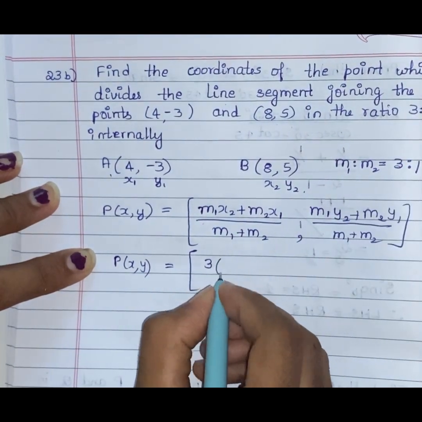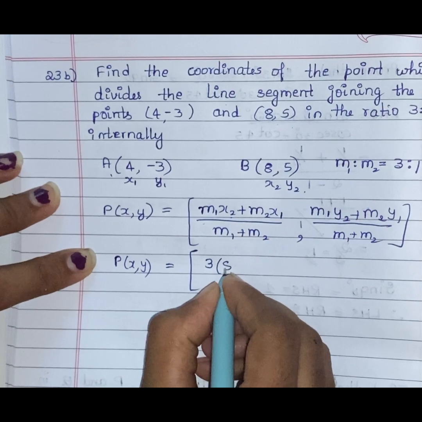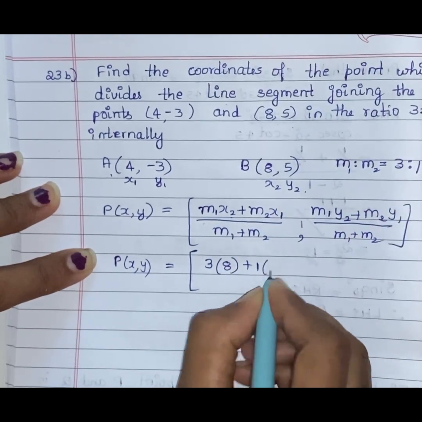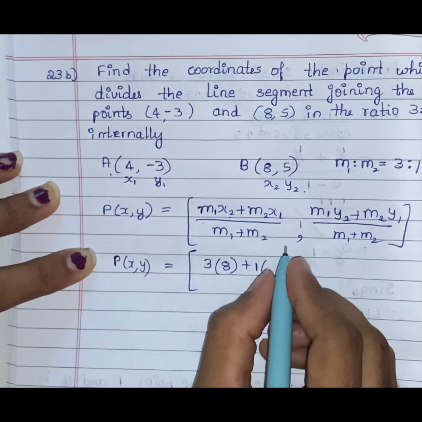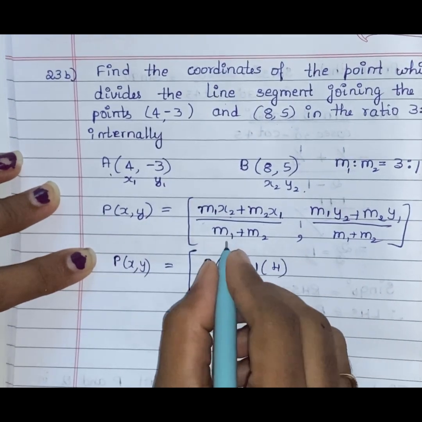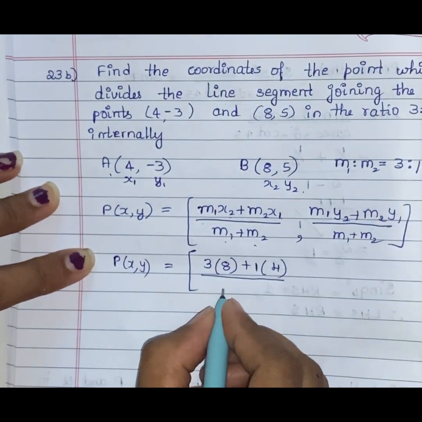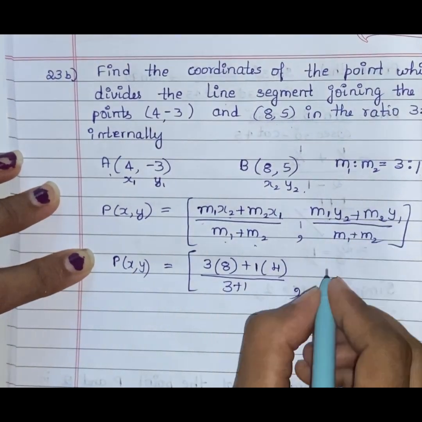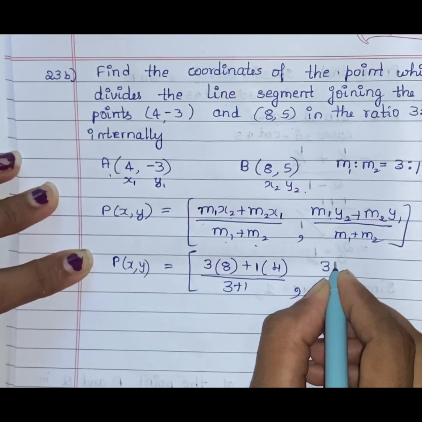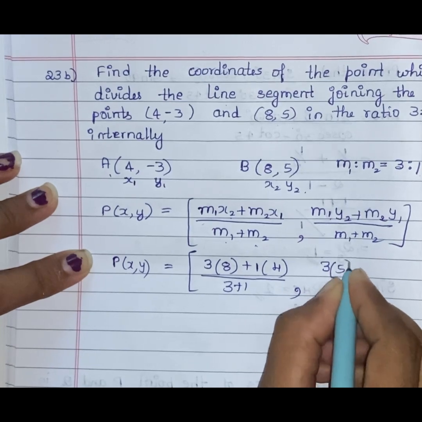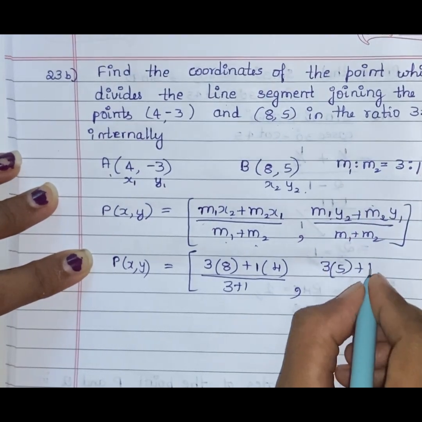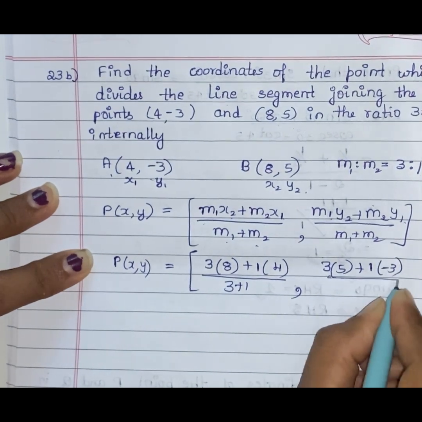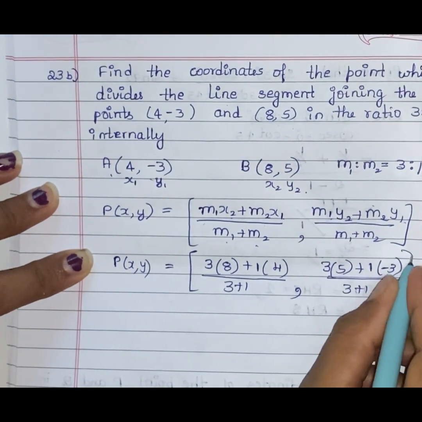Okay, x2 is nothing but 8 plus m2 is nothing but 1, x1 is nothing but 4 divided by m1 plus m2 is 3 plus 1. Okay, comma, m1 is 3. Next is y2 is 5 plus m2 is 1, y1 is minus 3, again m1 plus m2 is 3 plus 1.